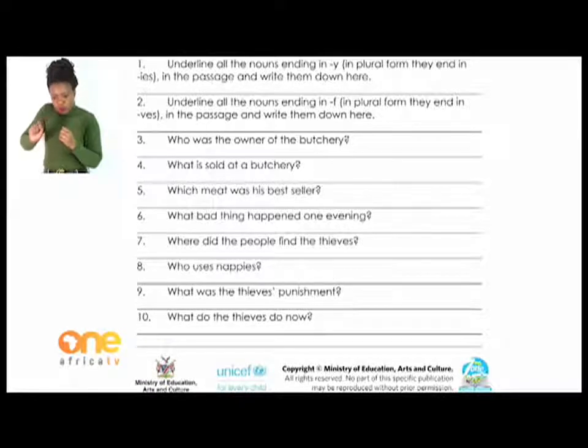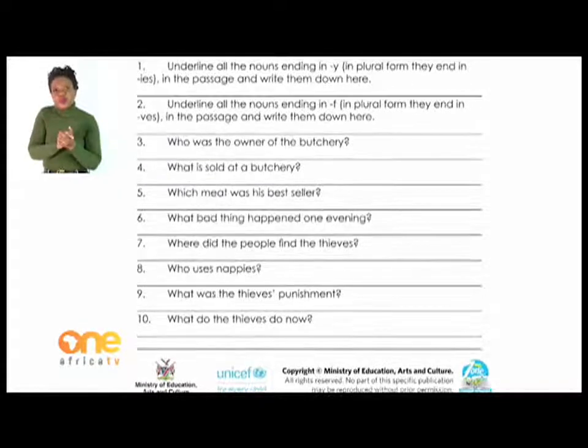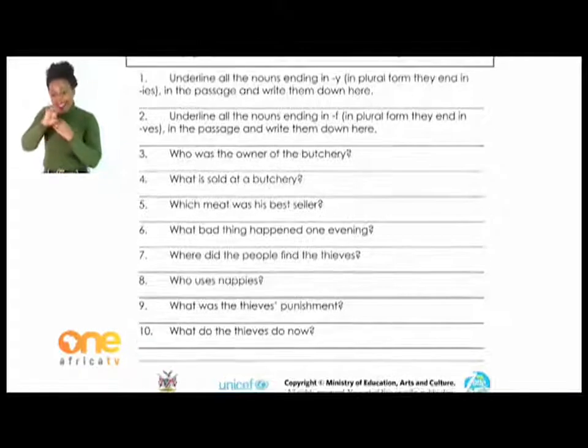There are many nouns there ending in Y. And there are also many nouns there that are already pluralized by adding IES. Number 2 is saying, underline all the nouns ending in F. In the plural, they end in VES.